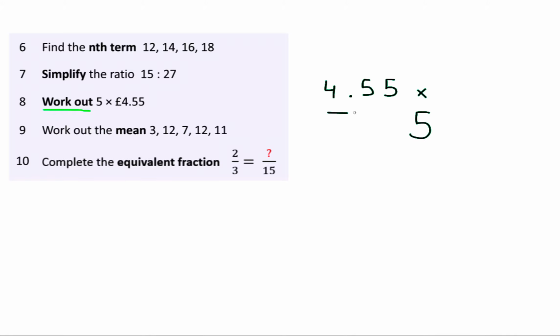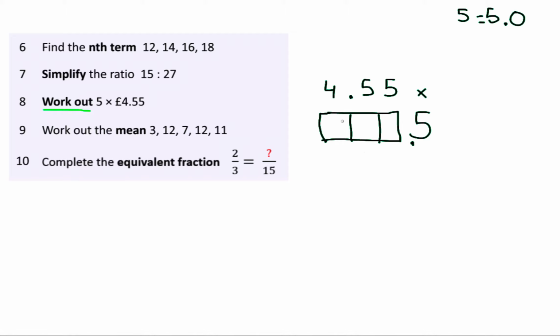So let's draw the grid. Perfect. And this is my decimal point. Remember that the decimal point of the 5 is here because 5, as a reminder, is the same as 5 pounds, 0.0 pence. So my decimal point could be there.